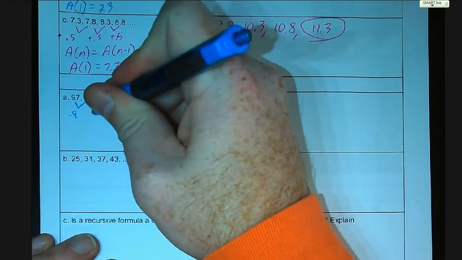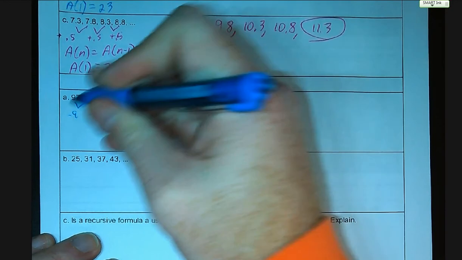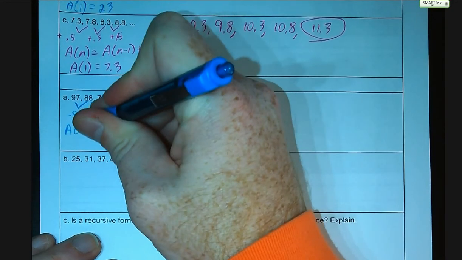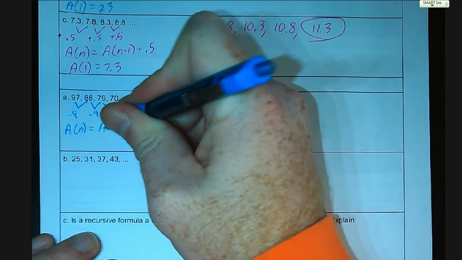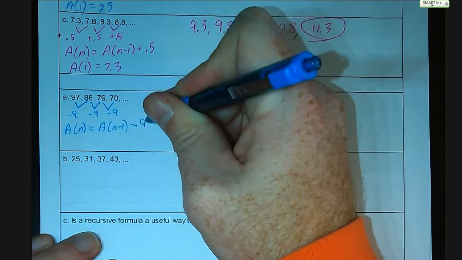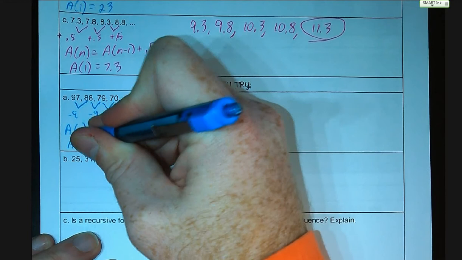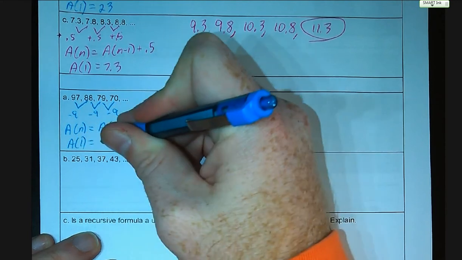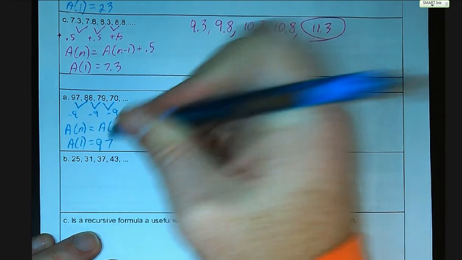So for the first one, we start with 97, and it goes to 88. So we see that they're subtracting 9 every time in the sequence. So for our equation, we can write a of n is equal to a times the quantity n minus 1 minus 9. And we know that the first term is 97.